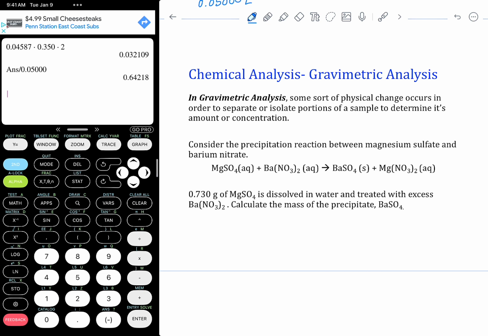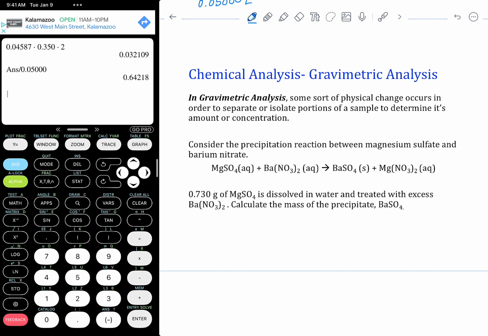So I have the precipitation reaction between magnesium sulfate and barium nitrate here. I have the balanced equation up as well, so that is all there for us to use. And the question is asking us to take 0.730 grams of magnesium sulfate, which is dissolved in water, and reacted with excess barium nitrate.